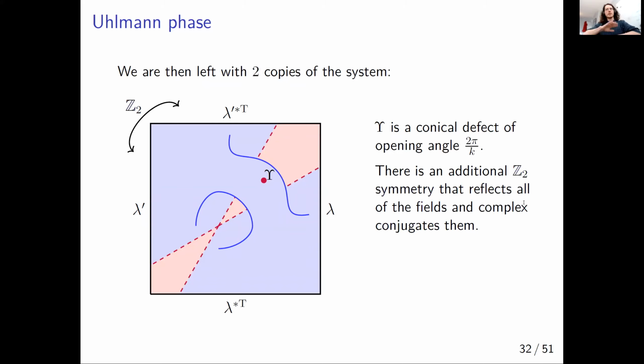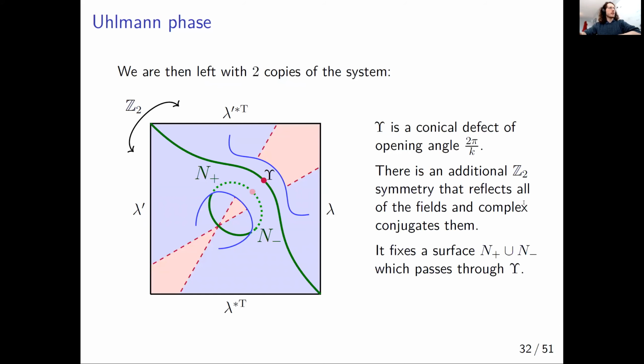The action of this symmetry is to reflect the whole thing in the way shown, and also to complex conjugate the fields. And this symmetry fixes a codimension 1 surface, which passes through the conical defect. It's useful to decompose that codimension 1 surface into these 2 parts, n plus and n minus.